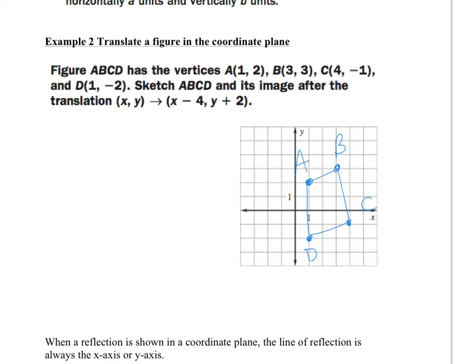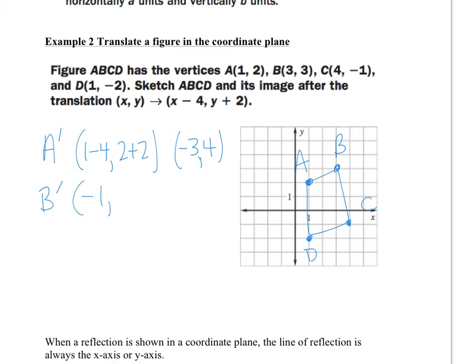Then its image, after we translate (x, y) to (x - 4, y + 2). So that means A prime is going to be (1 - 4, 2 + 2), which is (-3, 4). And you can do that for every point.